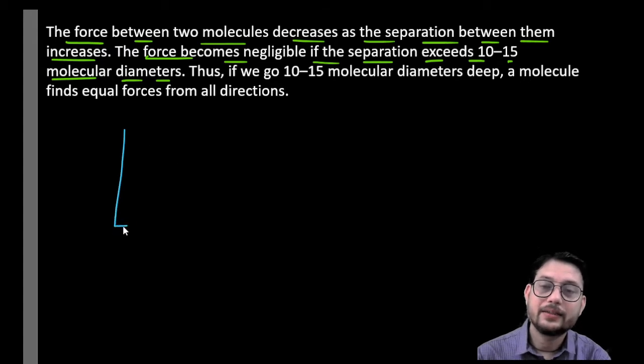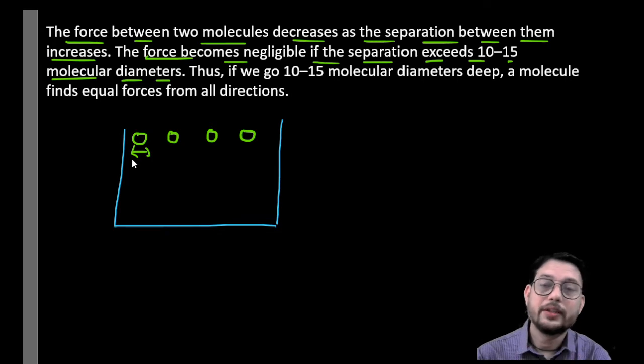Suppose this is a container, and in it you have several molecules like this. This is called the diameter of one molecule. Let's suppose the diameter is d, and because all the molecules are similar, all have diameter d.